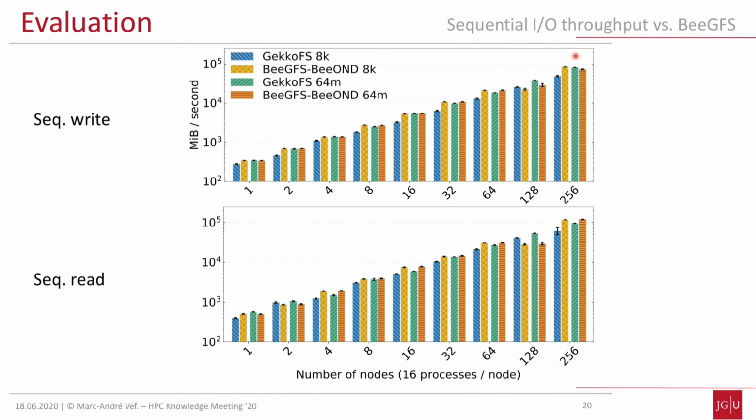At this point, I want to emphasize that for GekkoFS, the sequential I/O throughput on a file per process, or if GekkoFS would work on one giant file with all processes working on that file, is conceptually also indifferent, because of the way we are using chunks in the backend. So the performance of file per process and a big shared file is actually the same.